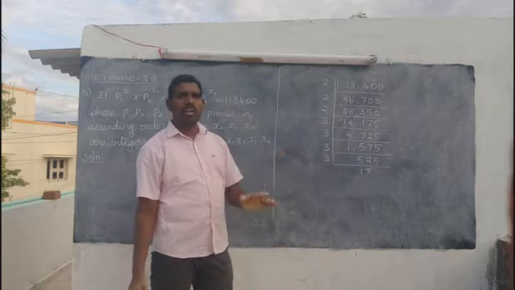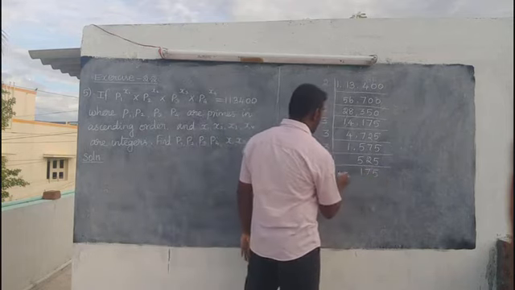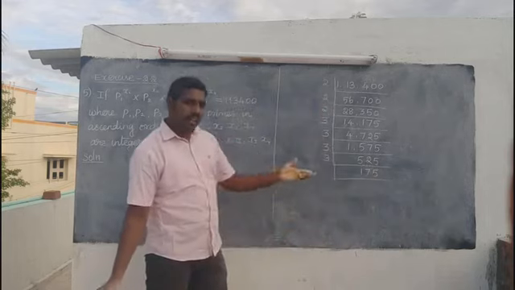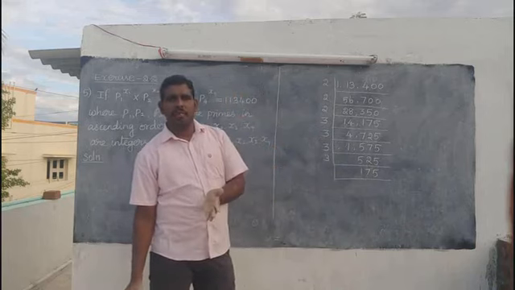So the next value becomes 15. In 15, 3 goes 5 times. This is again divided by 3. In 5, 3 goes 1 time, 1 three is 3, remainder 2. So the next value becomes 22. In 22, 3 goes 7 times, 7 threes are 21, remainder 1. So the next value becomes 15. In 15, 3 goes 5 times. Is this value divisible by 3 or not? No. Then what is the next prime number?